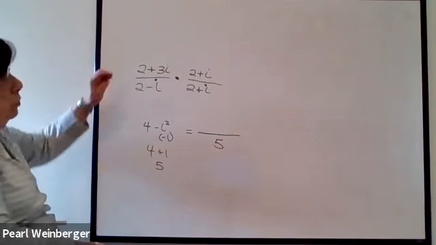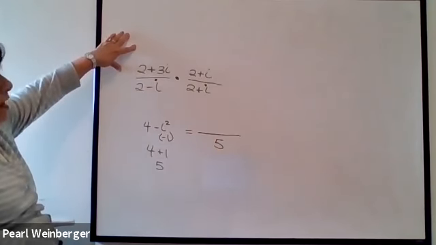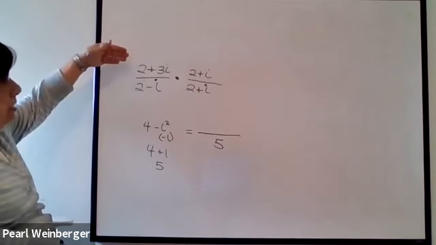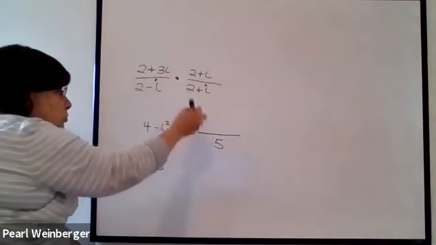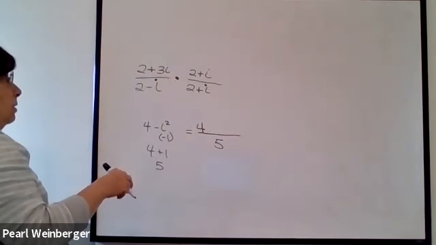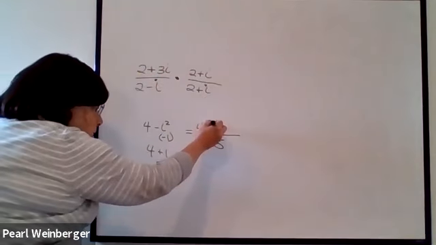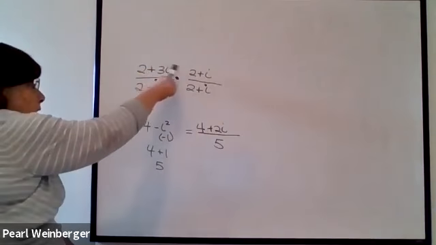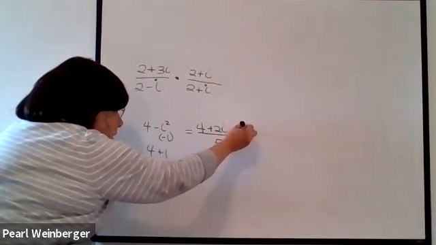What about the numerator? Well, in the numerator, I have to actually do the FOIL. They're not conjugates, they're not squaring something, so you have to do FOIL. First, 2 times 2 is 4. Outer, 2 times i is 2i. Inner, 3i times 2, which is 6i.